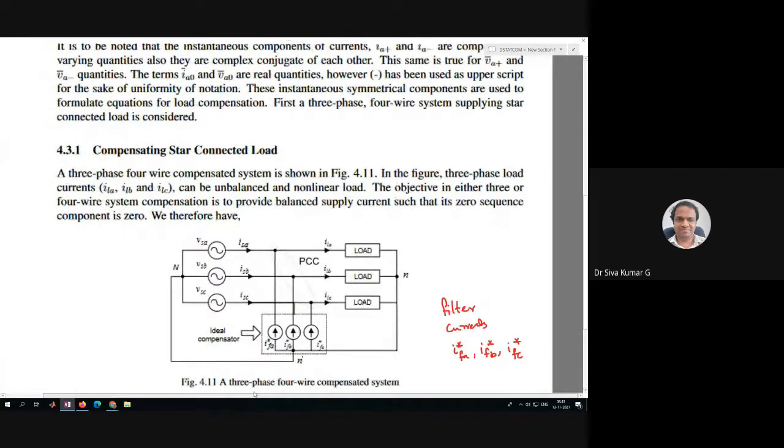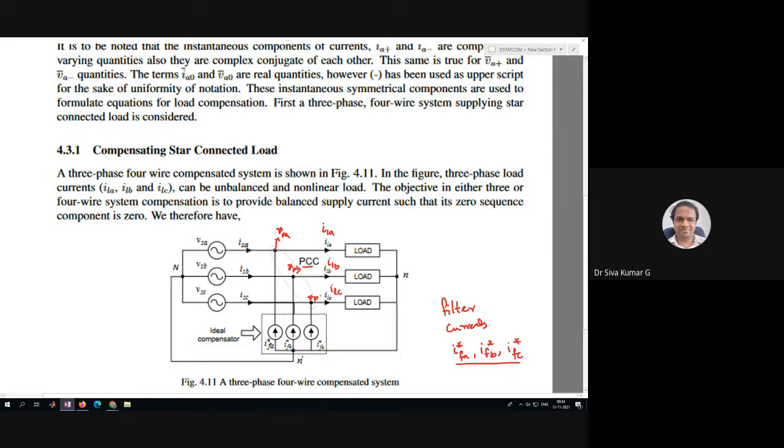In order to generate these filter currents using the instantaneous symmetrical component theory, we require ILA, ILB, and ILC. Apart from that, we need the PCC voltages. You can consider VS itself, but here we take VSA, or you can take VPA, VPB, VPC.